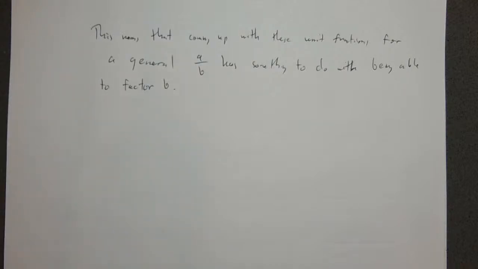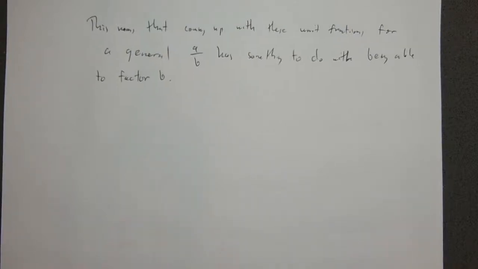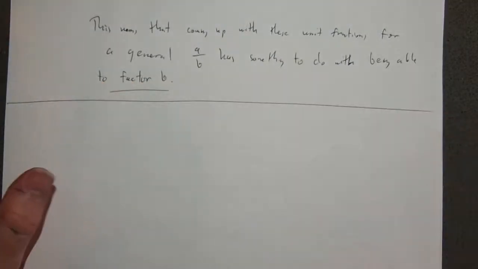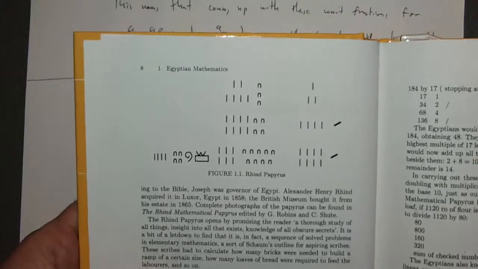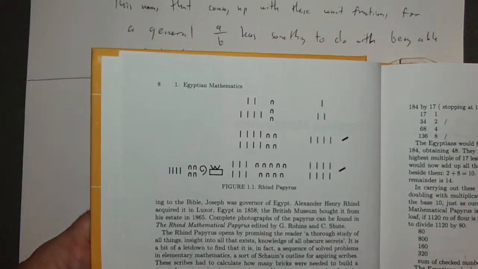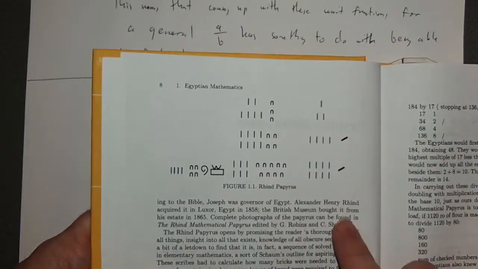Okay. All right. So what I wanted to mention before getting into the notions of factoring, what I wanted to say is the following. So as an aside, remember, here was what the Egyptian numbering system would look like.